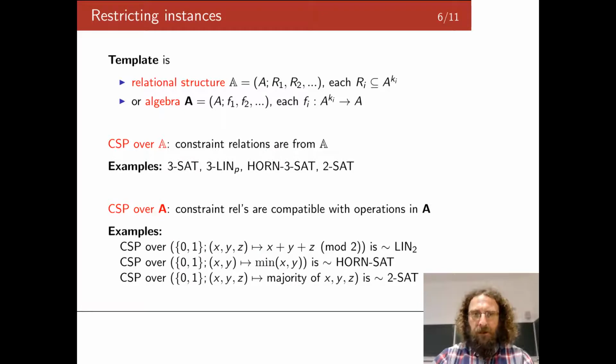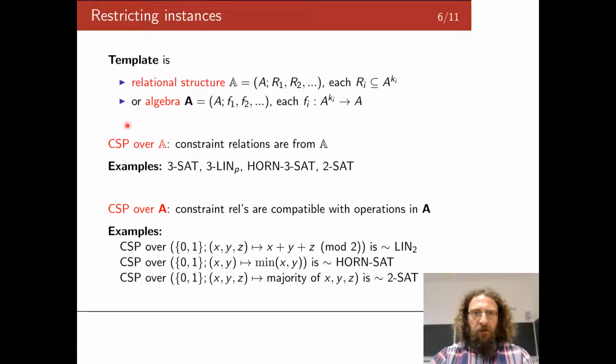Recall that the question is how well the k+1 consistency algorithm performs on classes of instances, and the classes of instances we consider are parameterized by templates. A template may be a relational structure, which is a set together with a set of relations, or an algebra, which is a set together with a set of operations.